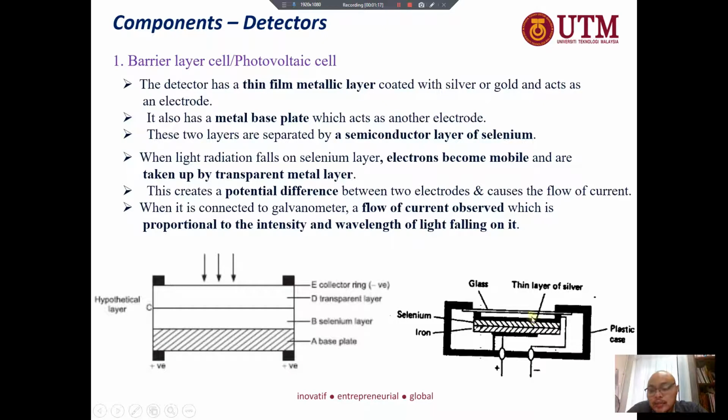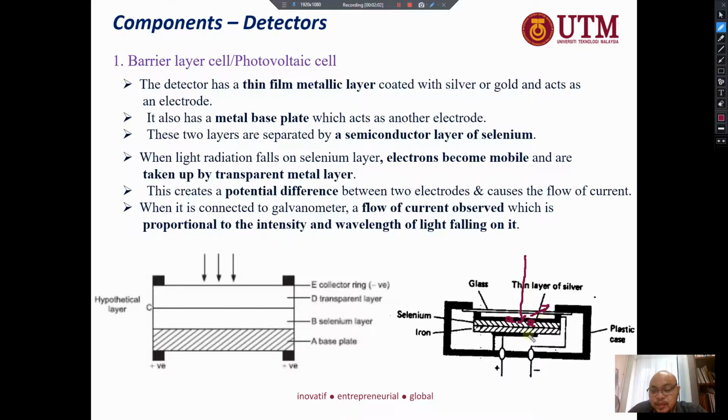Okay, so again, above we have the thin layer of silver or gold, which acts as an electrode. Then we have the selenium layer, and we have the iron as the other electrode. The selenium acts as the semiconductor. When the radiation comes from above and reaches the selenium semiconductor, the electrons in the selenium become mobile.